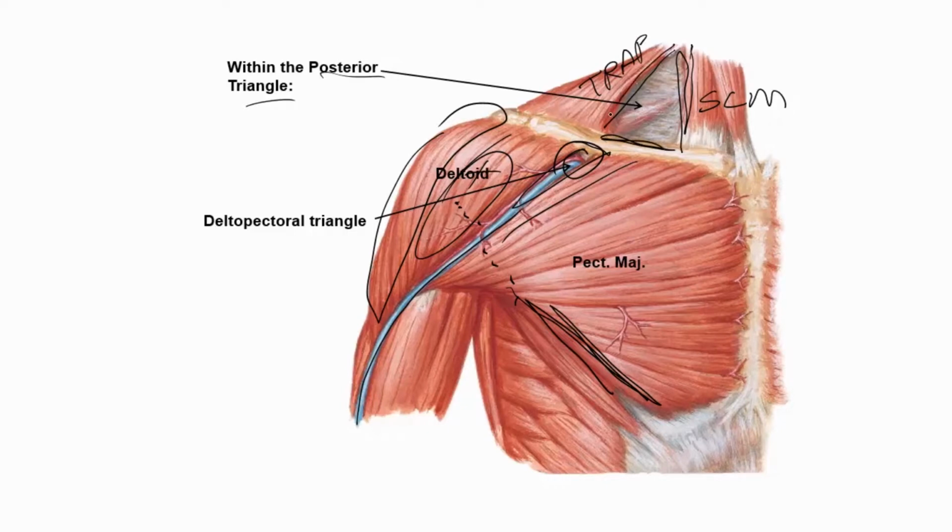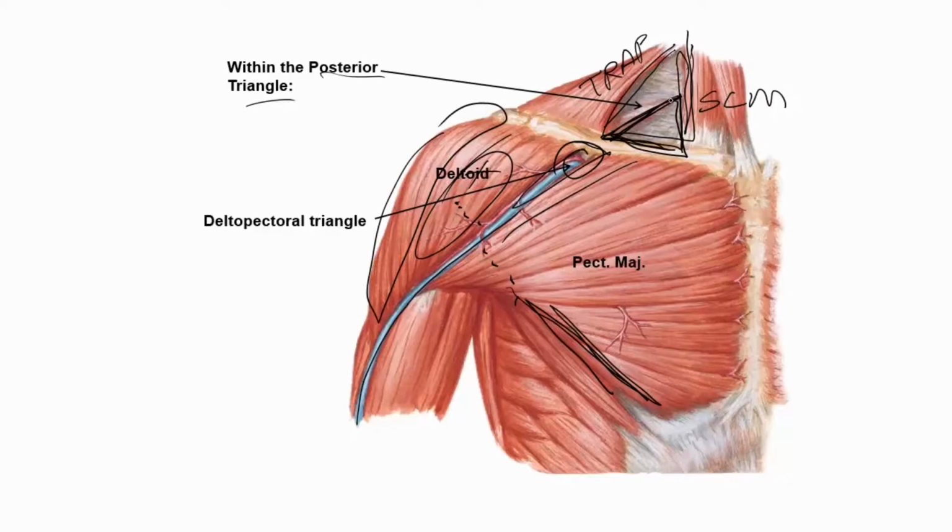So this triangle that is formed here is called the posterior triangle of the neck. And within that posterior triangle, there is a subdivision called the subclavian triangle. And within that triangle, one will find the subclavian vessels, artery and vein, which are very large vessels, and the elements of the brachial plexus.